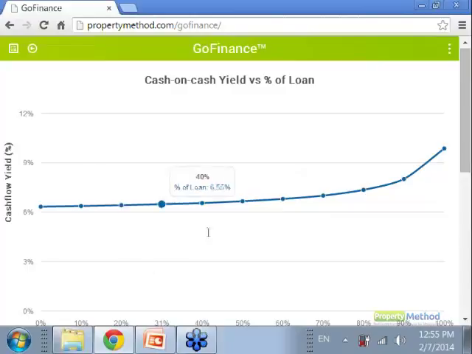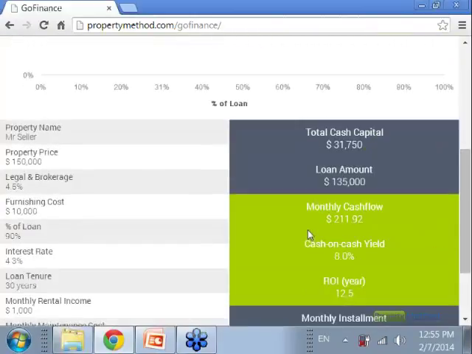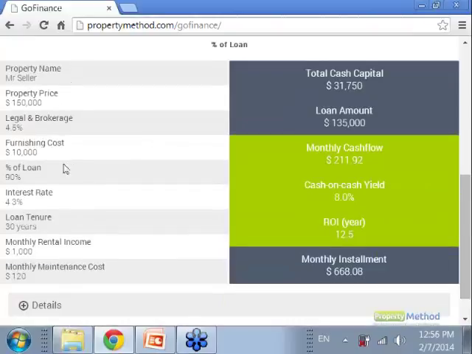At the bottom of the chart, on the left hand side, it summarizes the input or the details of the property that we just keyed in. On the right hand side you will see the result: total cash capital, loan amount calculated, and it is highlighted in green if this property is generating monthly cash flow.